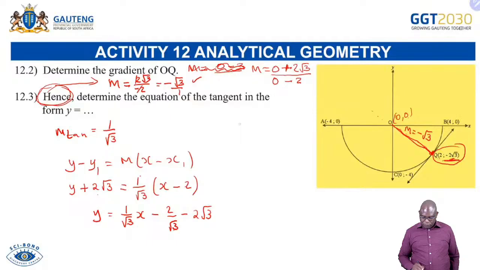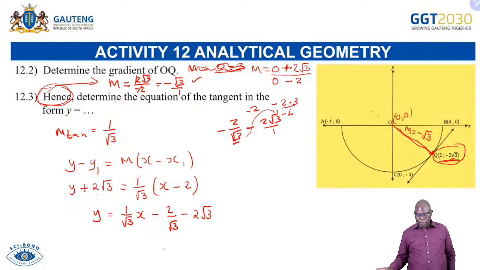So I'll have 2 over root 3 minus 2 root 3 over 1. I can just multiply the root 3 by this, so I'll get 2 minus 2 times 3. So this is a 6, and I've got a minus 8 there.